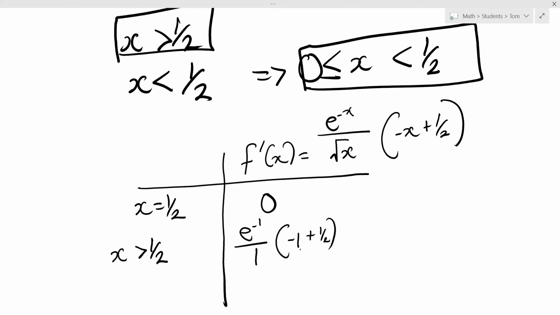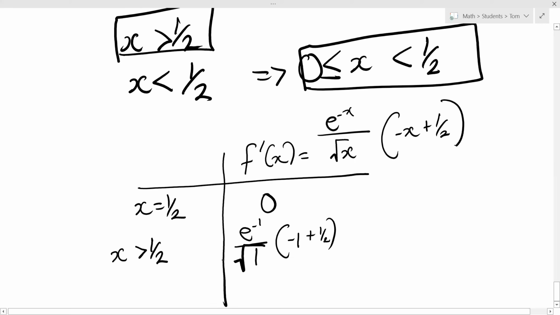So we have e to the power of negative 1 over the square root of 1, which is 1. That's why I just put 1 there, but let me write square root there. 1, bracket negative 1 plus 1 over 2.